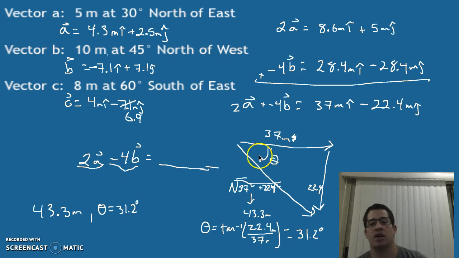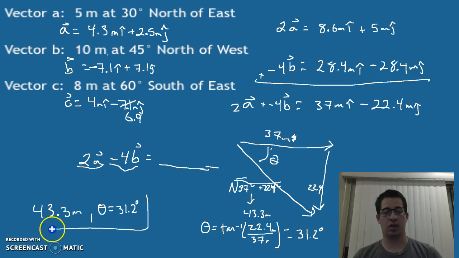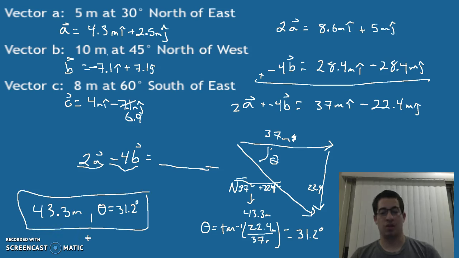To find the magnitude, we used the Pythagorean theorem and got about 43.3 meters. To find the direction, we used inverse tangent with the opposite over the adjacent side and got 31.2 degrees. So that would be the magnitude and direction of our resultant vector.